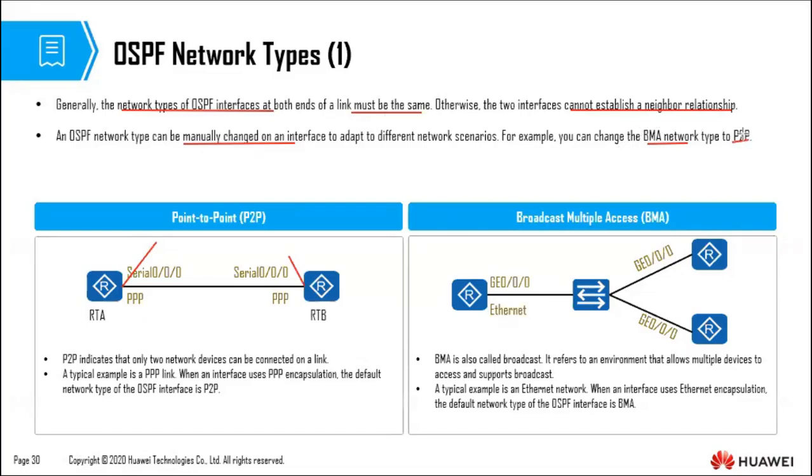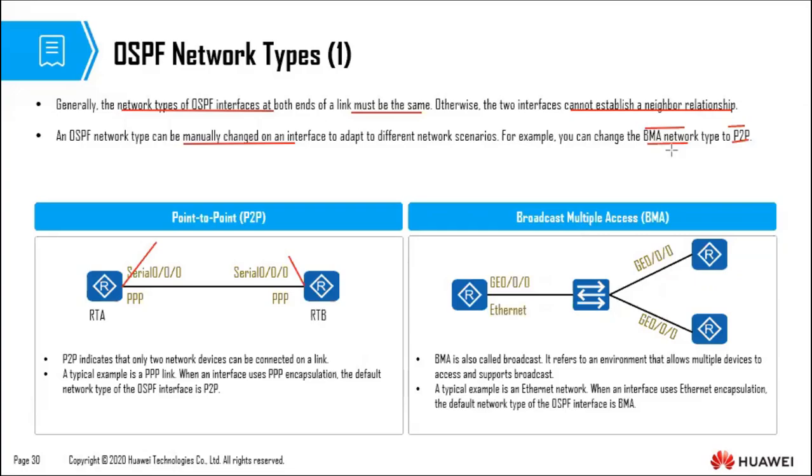One of the scenarios where we might need to change a broadcast network type to point to point is when we don't want an election to occur. In broadcast network types, we have an election. We elect a DR and a BDR. In P2P, we don't elect because we just have two routers that are directly connected to each other. That's what we call a point-to-point network. So we don't need a DR and a BDR.